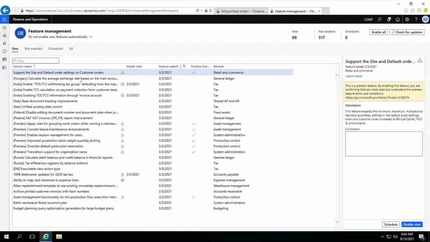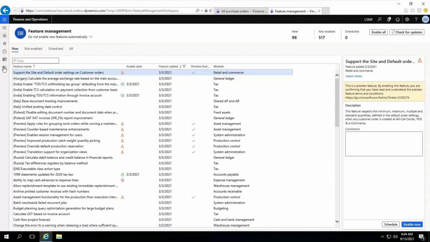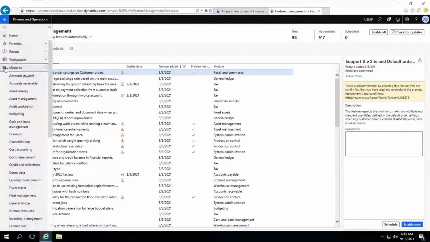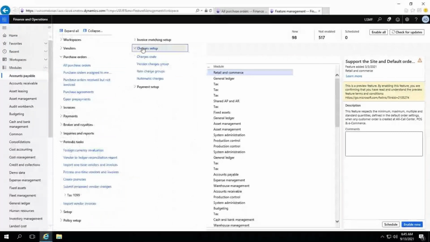So, accounts payable module, charges setup, charge codes.